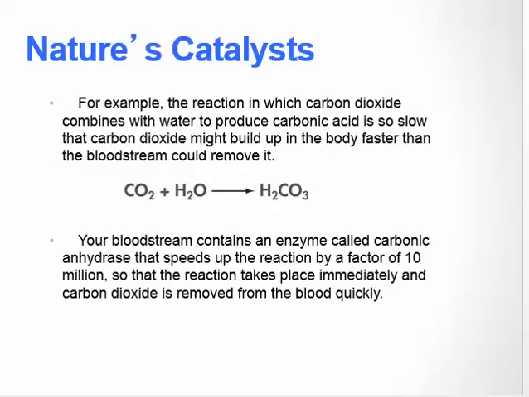So in that example that I gave you earlier, with the carbon dioxide combining with water and producing carbonic acid, there's an enzyme in your body called carbonic anhydrase, and it speeds it up 10 million times. It increases it by 10 million.